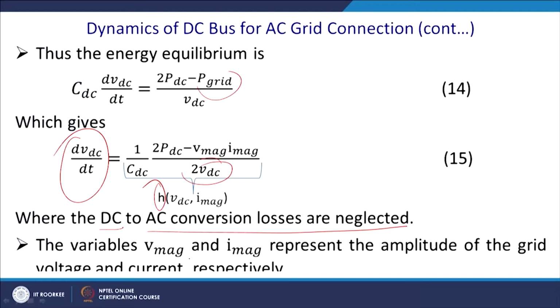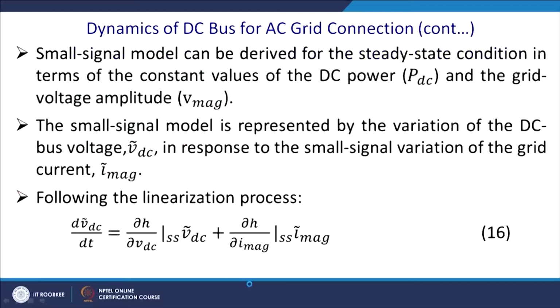So, the variables V_MAG and I_MAG represent the amplitude of the grid voltage and current respectively. Now, again we can go for the same treatment for small signal operation. Here the small signal model can be derived for the steady state condition in terms of the constant value of the DC power P_DC and the grid amplitude V_MAG.